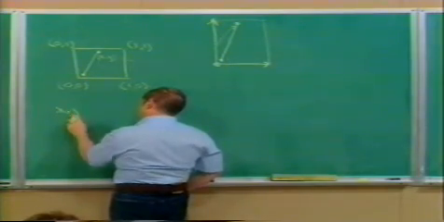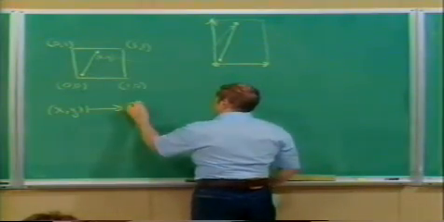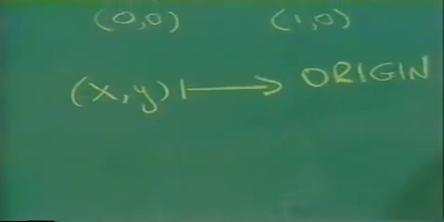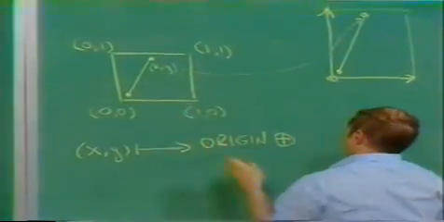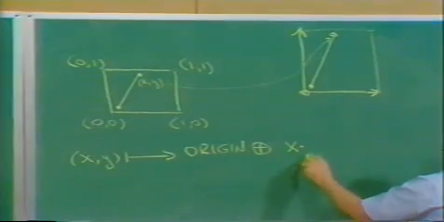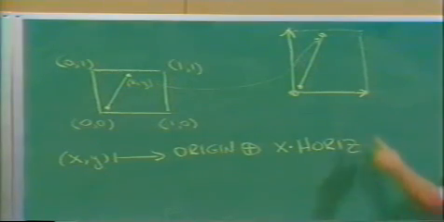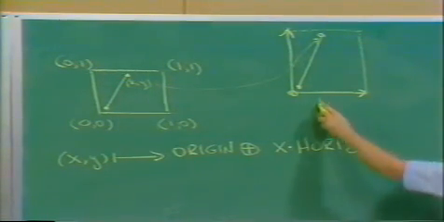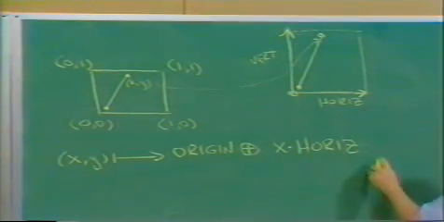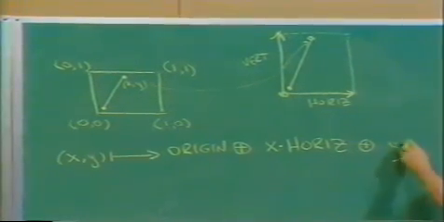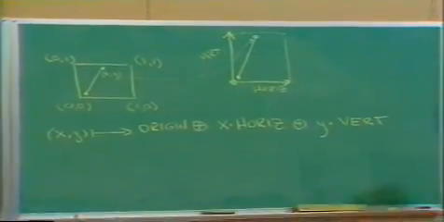The point that x, y goes to is gotten by taking the origin of the rectangle and then adding to it, well, take x, the x coordinate, which is something between 0 and 1, multiply that by the horizontal vector of the rectangle, and take the y coordinate, which is also something between 0 and 1, and multiply that by the vertical vector of the rectangle.